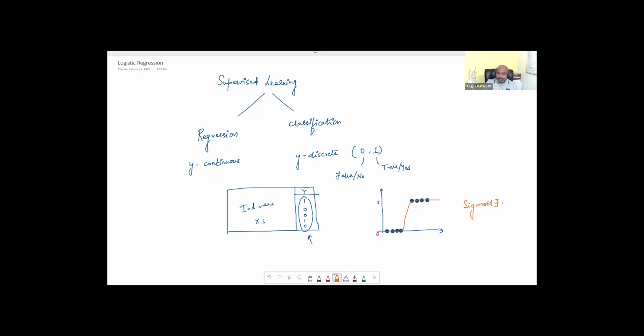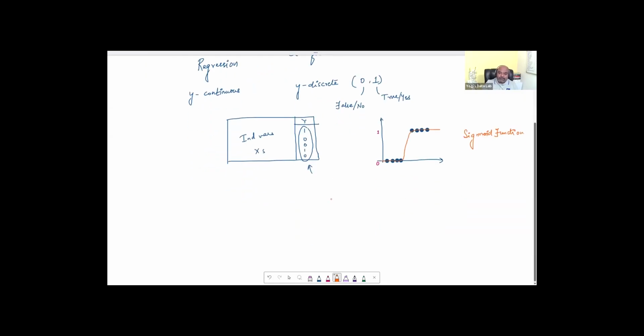Now, when I talk about sigmoid function, since this is my x-axis and this is my y-axis, obviously there is going to be some mathematical equation for this curve. So I can represent sigmoid function as y is equal to 1 upon 1 plus e to the power minus (a plus bx).